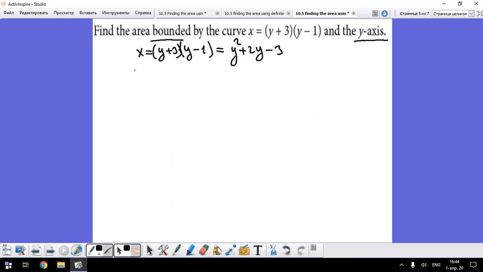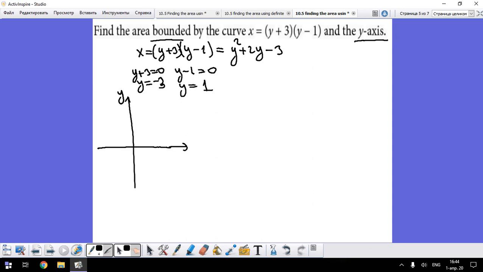Before writing, I told you that we need to find the y intersections of this quadratic. So how to find the y intersection? y plus 3 equals 0, and y will be minus 3, and y minus 1 equals 0, and y should be positive 1. Now let's draw the graph of this function with respect to the y-axis.